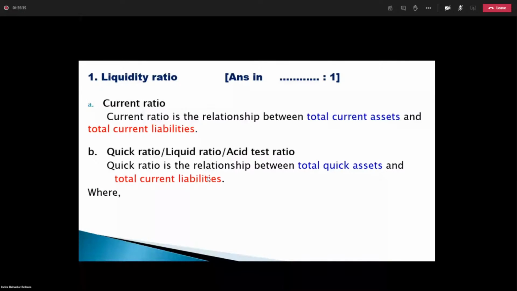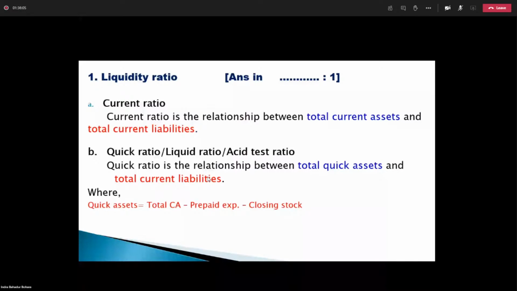Quick assets are those assets which can be quickly converted into cash within a specified date. So, stock, closing stock or ending inventory, and prepaid expenses are not quick assets, even though they are current assets, because they do not have a specific time period.